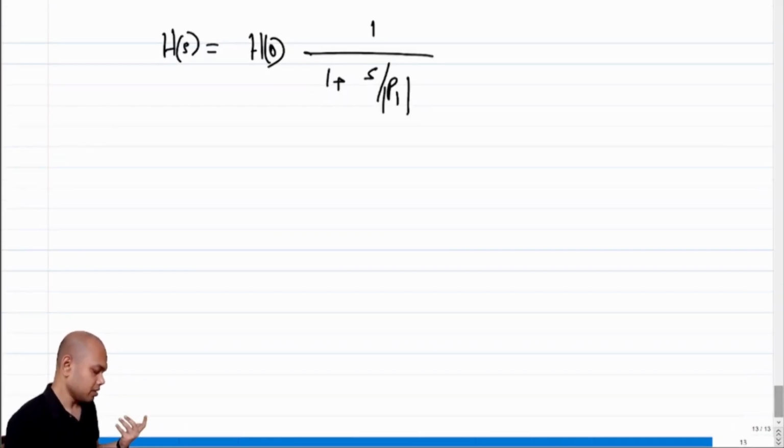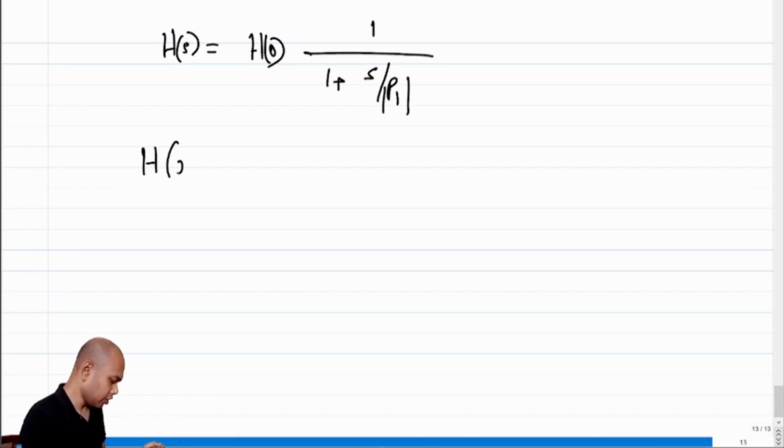So why are we going into the Laplace domain? Because capacitor is a frequency dependent element, we need to find out the effect of the capacitor on non-zero frequencies, high frequencies. In other words, we are trying to find out what is H(j omega).